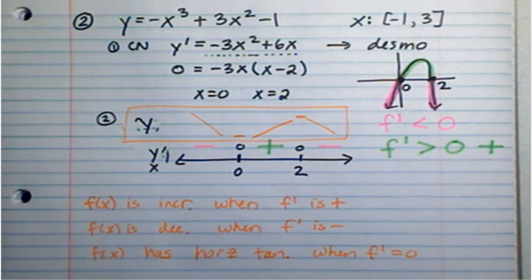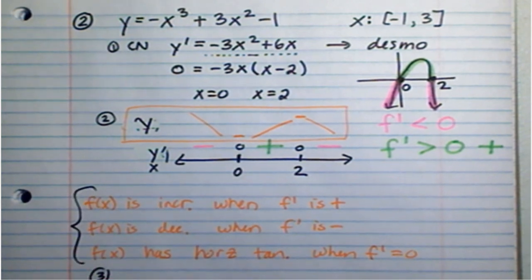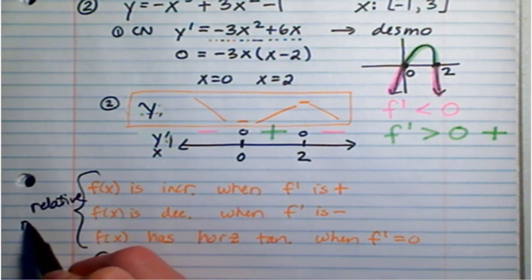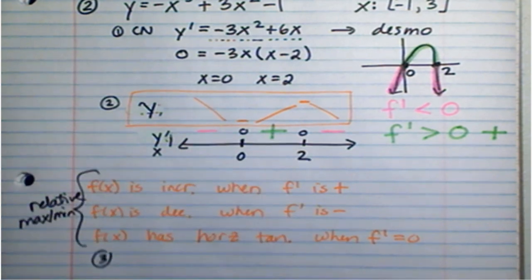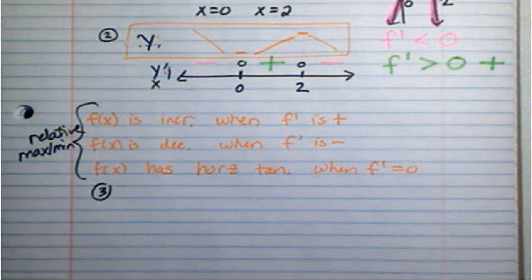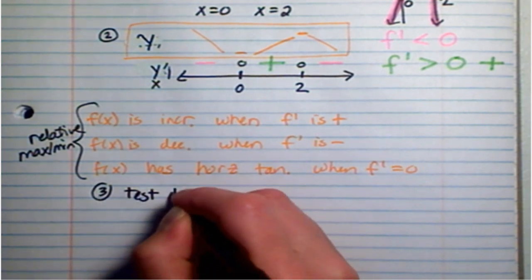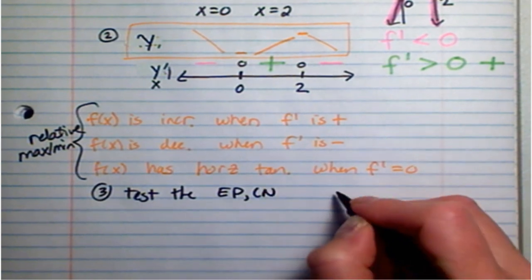So now that I have this, step 3, notice that this is more to do with the relative maxes or mins, because it gives me those turning points. Step 3 is where I'm going to test the endpoints and critical numbers.